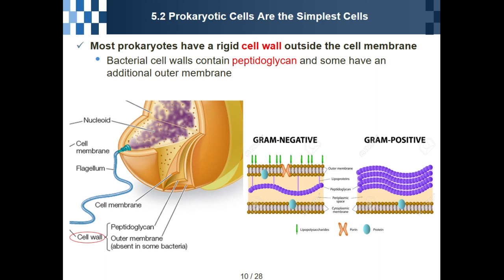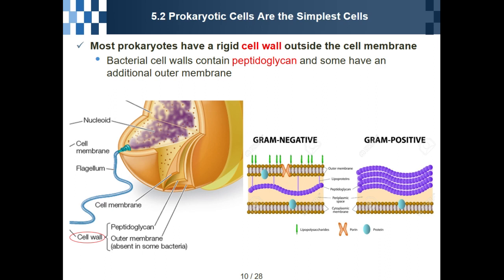For example, our plant cell wall is semi-rigid, a little bit flexible. This is the difference. Strong means they're not flexible. So they have a very strong cell wall outside the cell membrane.